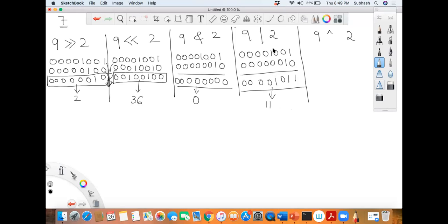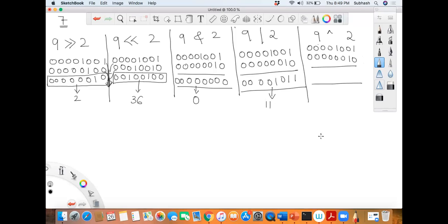Okay, now let us do this XOR operation. Again 9 is 0 0 0 0 1 0 0 1, and 2 is 0 0 0 0 0 0 1 0. Now tell me guys, what will be the XOR value?